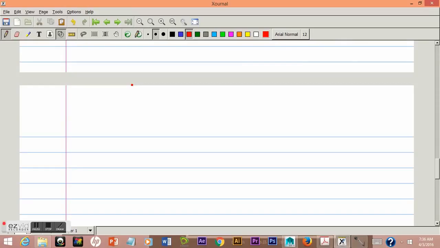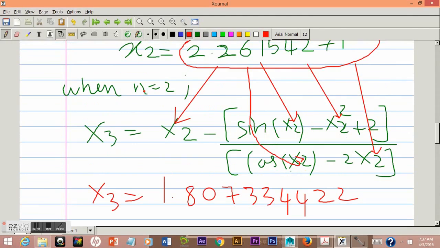So we have to check whether your calculator is in radian. Let's say first step, using calculators to find Newton's method.